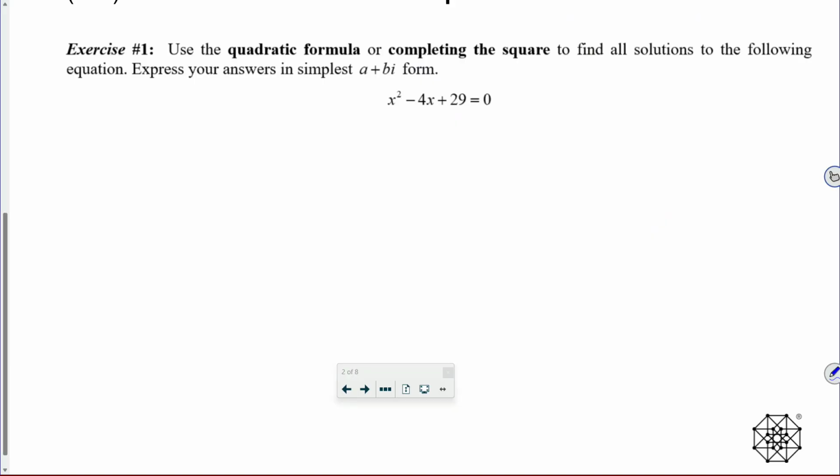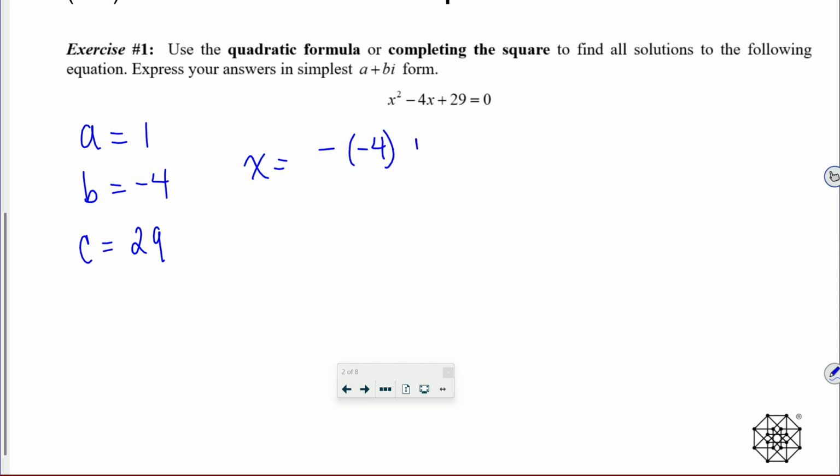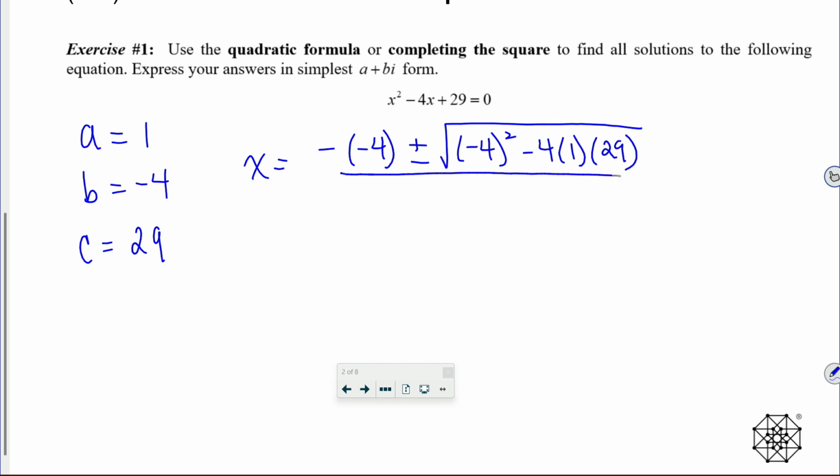Okay, well, we've got the quadratic formula up above, but if we just think about our numbers, a equals 1, b equals negative 4, and c equals positive 29, then our solutions are going to be given by negative b plus or minus the square root of negative 4 squared minus 4 times a times c, all divided by 2 times a.